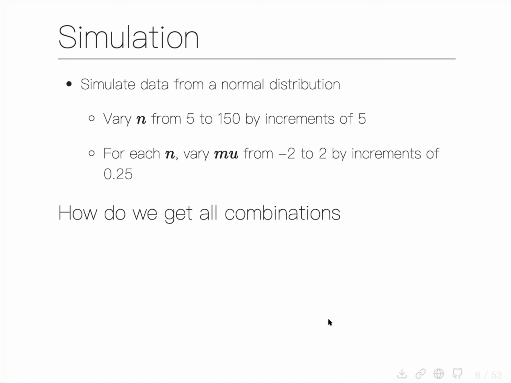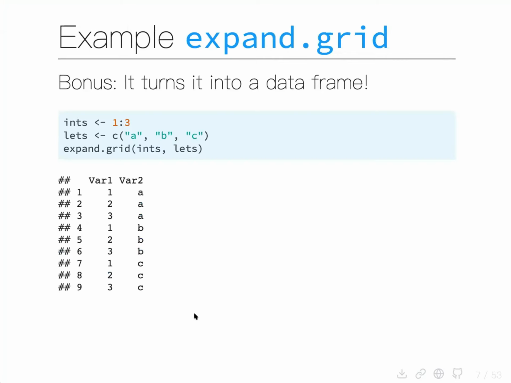Okay, so how do we get all possible combinations? One way that we can start this is using the function expand.grid. expand.grid is a general function that says, here's one vector, here's another vector, give me all possible combinations of those things. You can actually pass it more than two vectors.